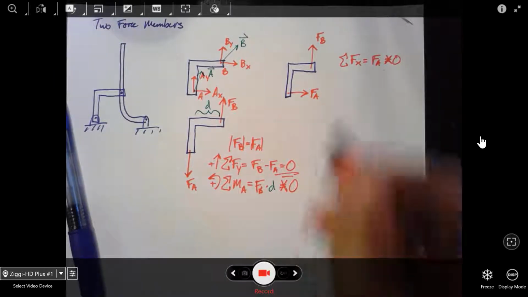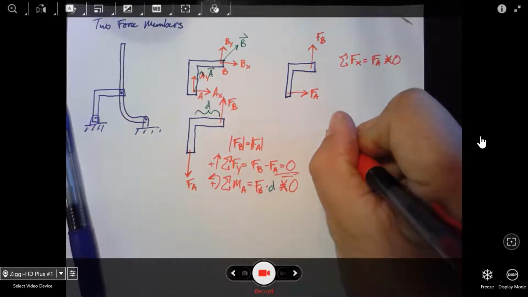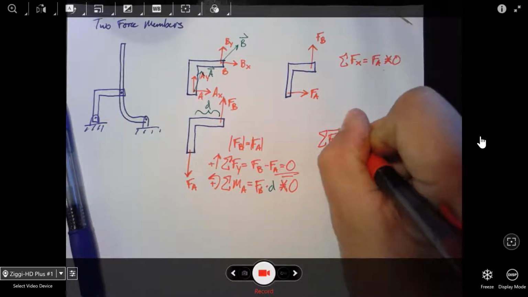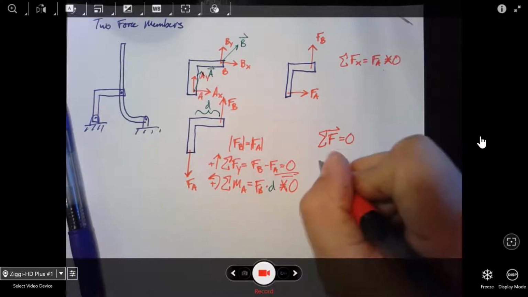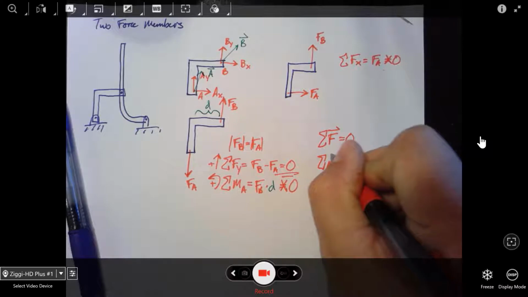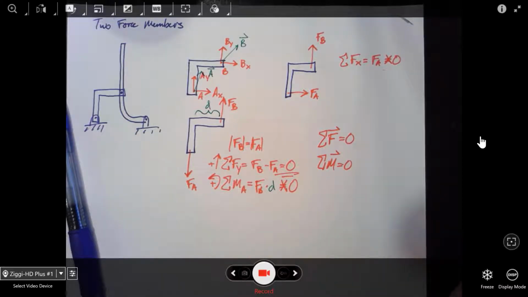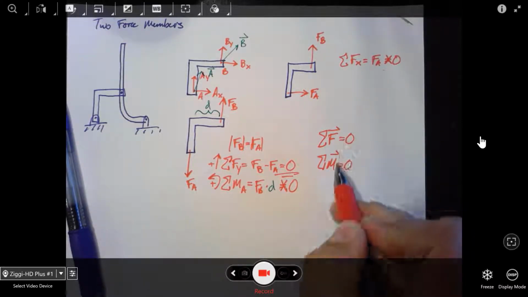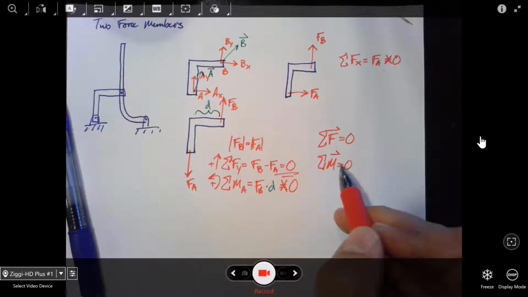So in order for static equilibrium to be true, we always say that the sum of the force vectors has to be 0, as well as the sum of the moment vectors equaling 0, okay? These are the conditions of equilibrium for statics, which is what we're talking about.